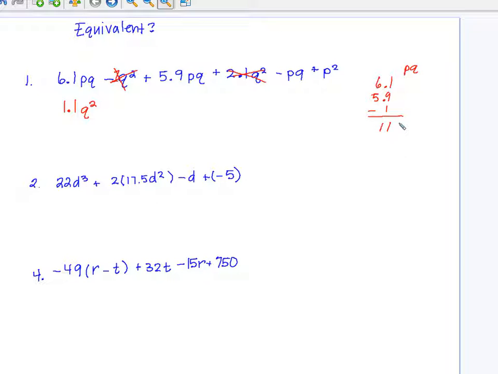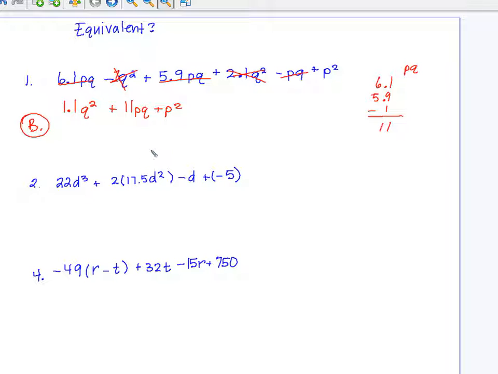So that would be 11. Plus, because it's a positive, 11 PQ. And P squared stands alone. Now looking at my choices, A, B, C, and D, B is the only one that is equivalent.